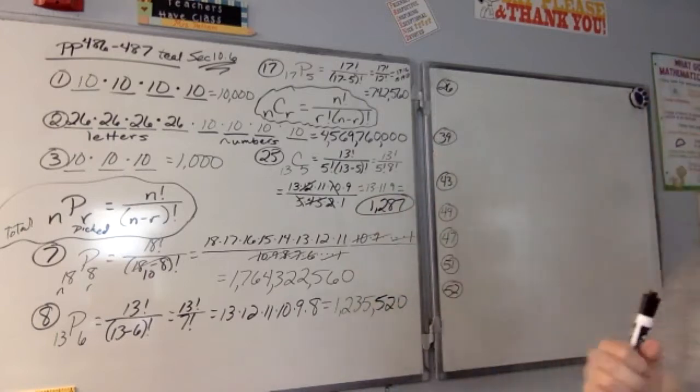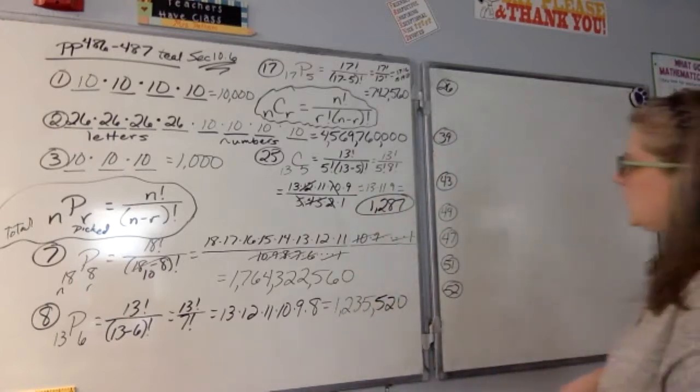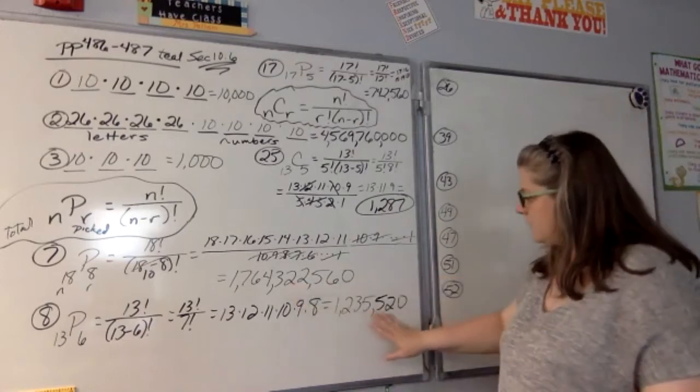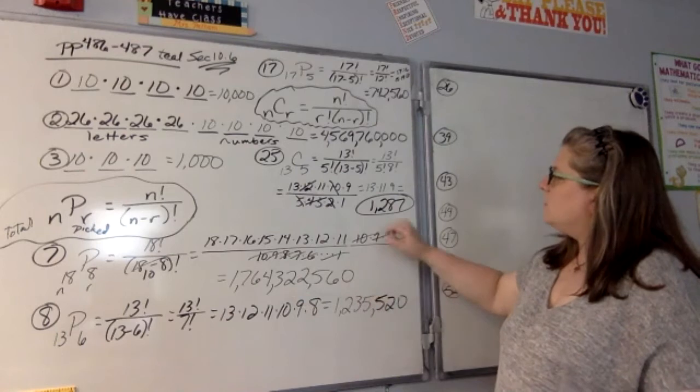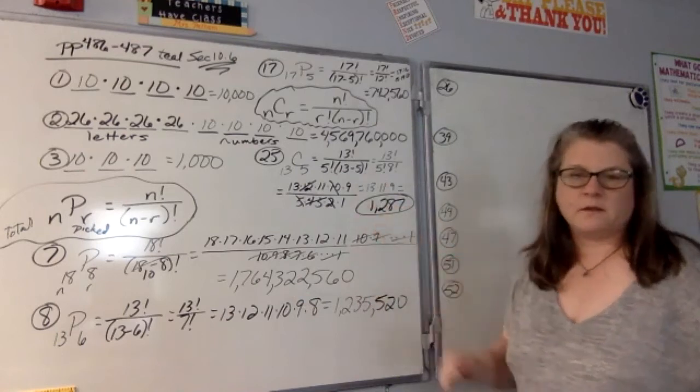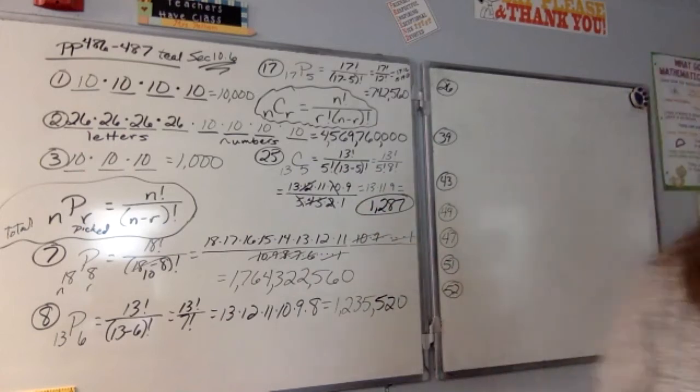Okay, so when we were doing permutations, we were getting answers in the billions and 100,000s and millions. When you're doing combinations, they're going to be smaller. So that was number 25.